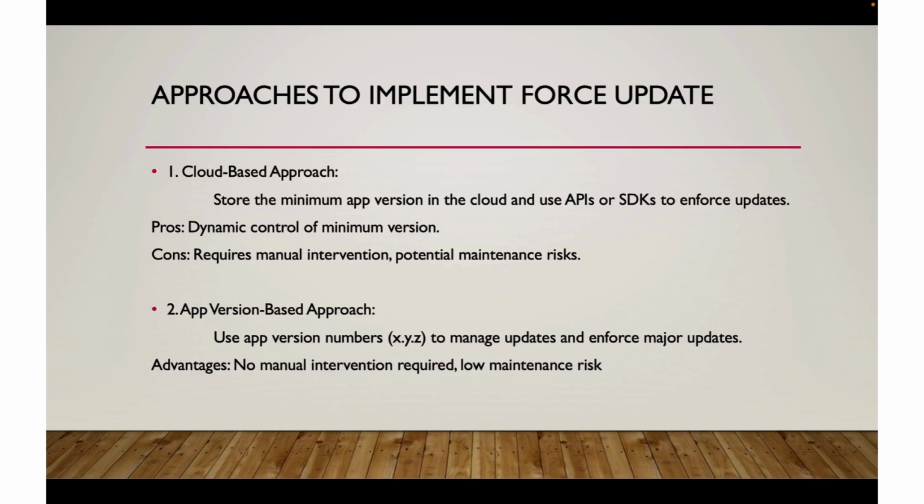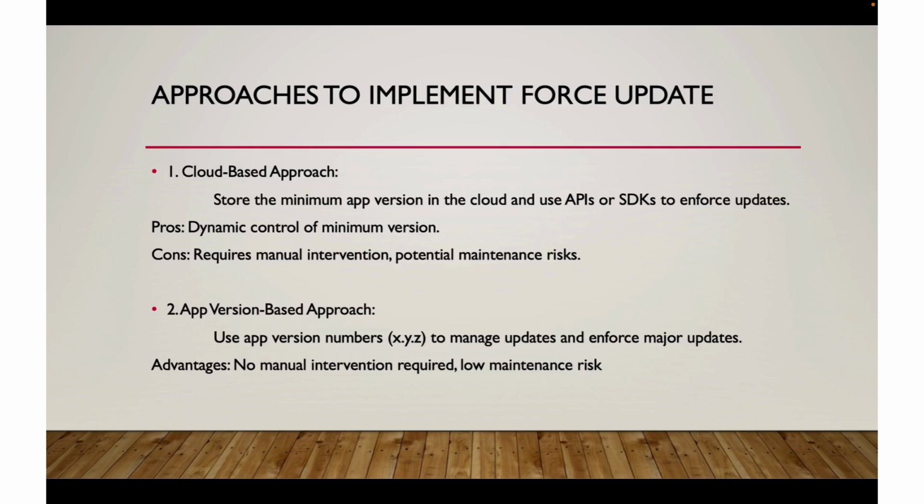To address these issues or cons, we have another approach called the app version based approach. In this approach, applications rely on the best practice of maintaining the app versions. Typically, app versions are maintained in x.y.z format, where the x index indicates a major release, the y index indicates a minor release, and the z index indicates a patch release.